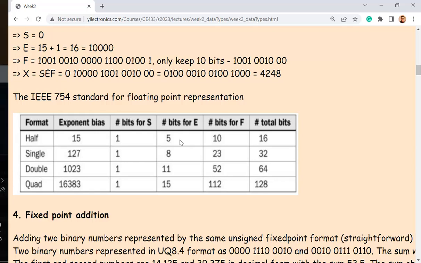Negative 16 is bigger in magnitude than 15. If you add 1, it's going to be minus 15. So the most negative is probably negative 15 for 5 bits. That's why you need a bias of 15 positive in order to compensate, so you're not getting negative numbers for E.